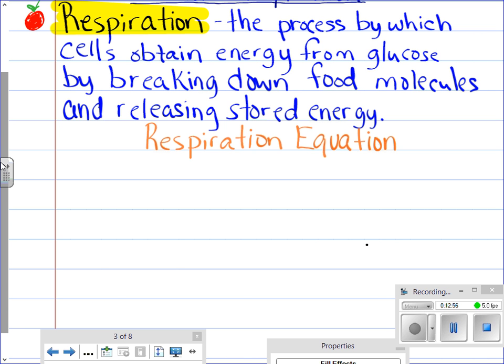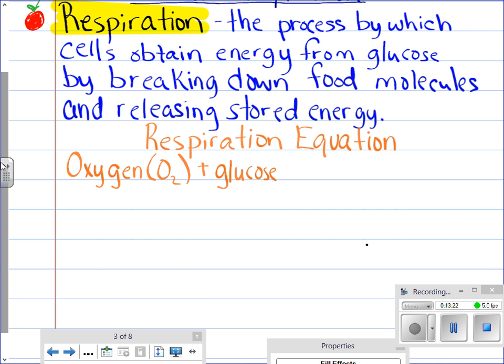So, just like we broke down the photosynthesis equation from words, so far, what are we taking in for respiration? O2, we're definitely taking in O2, which is oxygen. And we are taking in glucose, which is, what's the formula again?